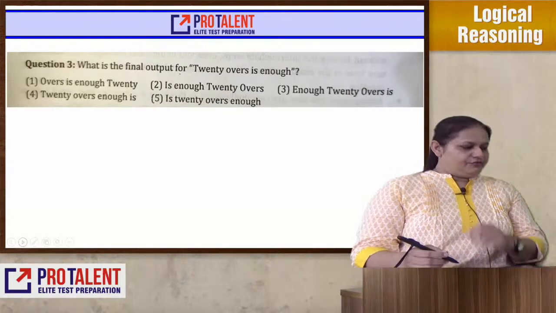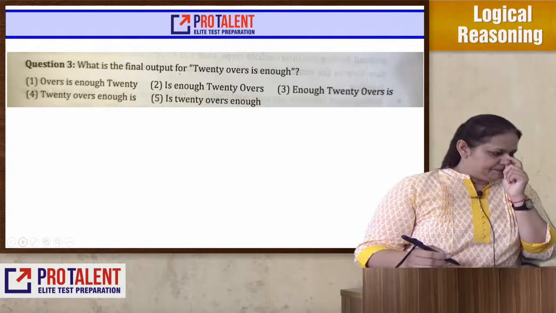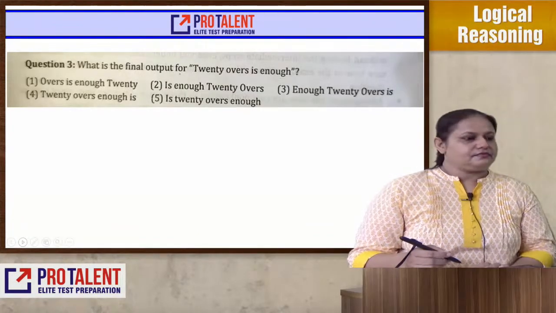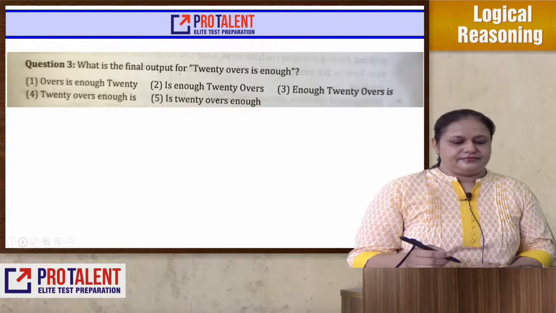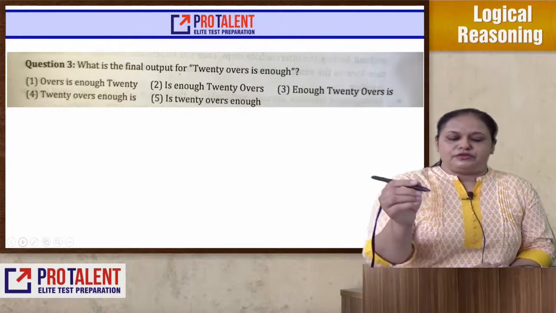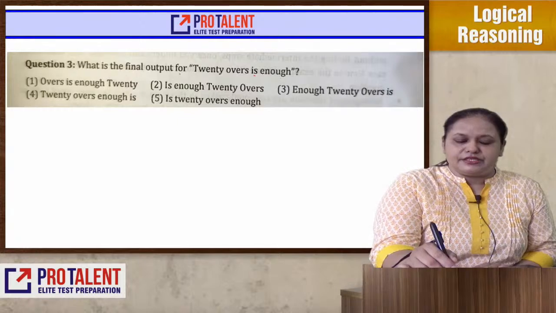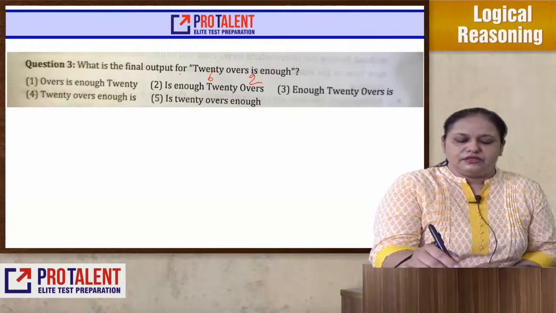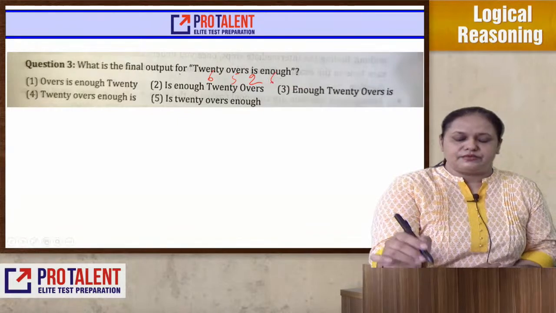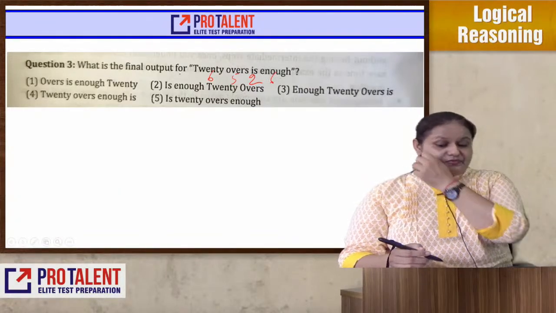Question number 3. What would be the answer to question number 3? Final output. So in the final output, this is a 2 letter word. 1, 2, 3, 4, 5. This is a 6 letter word. 5 letter word. And again this is a 6 letter word. So what would be the answer?